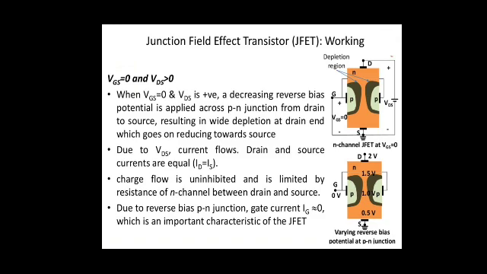Now from this you can understand why it is known as a junction field effect transistor. What is the junction here? You have P and N, the P and N junction, that is at the channel. Whatever electric field is created at the junction affects the working of the transistor.